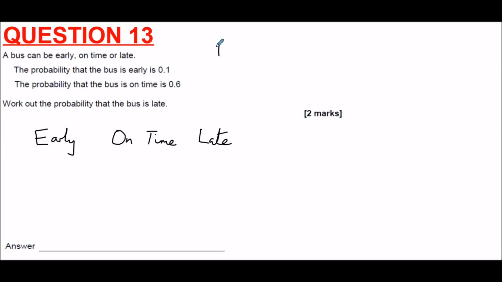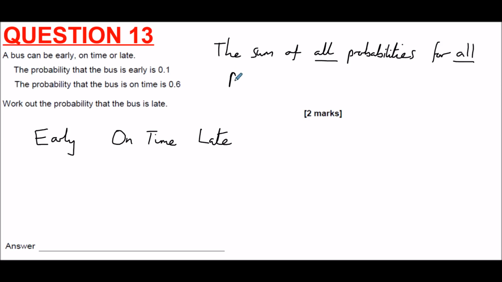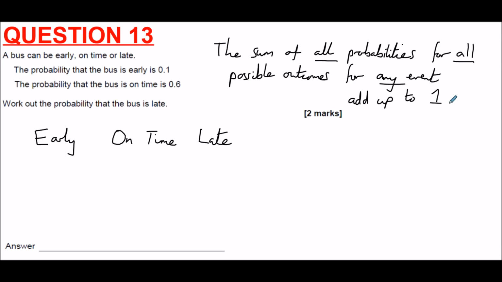For any event, the sum of all probabilities for all possible outcomes for any event add up to 1, or the sum is 1, I could have just said.